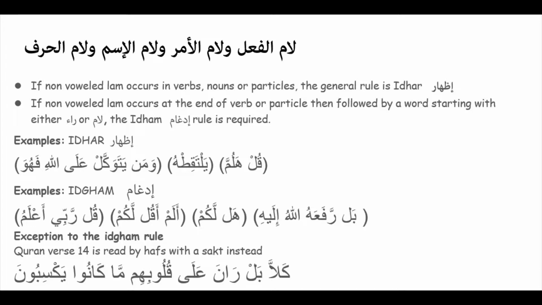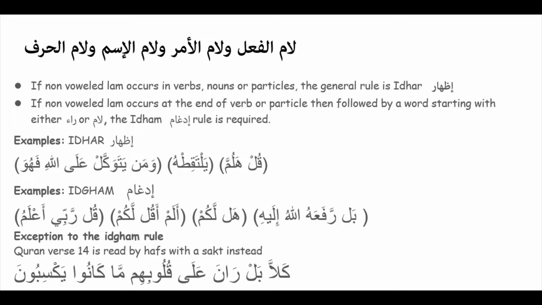For idhar, we have qul halumma. Qul is an amr, and the lam here is lamul amr. The word is an imperative word, a command, and the lam here would be regarded as lamul amr.